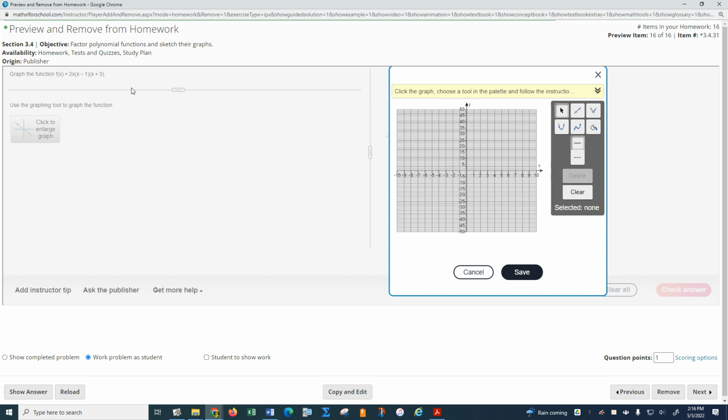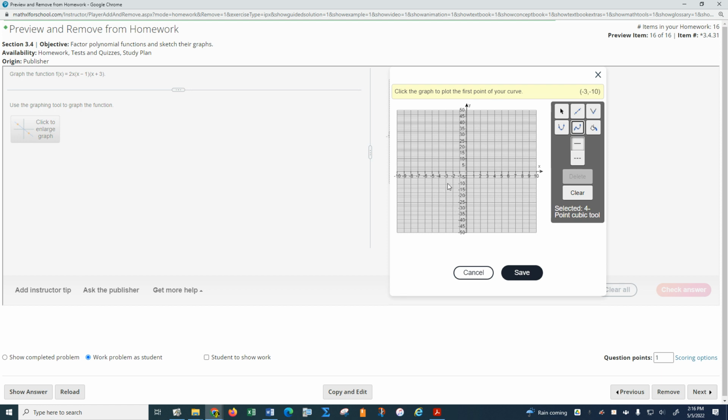Okay, so what would we get here if we're trying to graph this thing? Where are the x-intercepts going to be? Where are the zeros going to be? 1, negative 3 and 0, right? So I would do one of these guys. I'm going to make a cubic shaped function, and I'm going to have x-intercepts at negative 3.